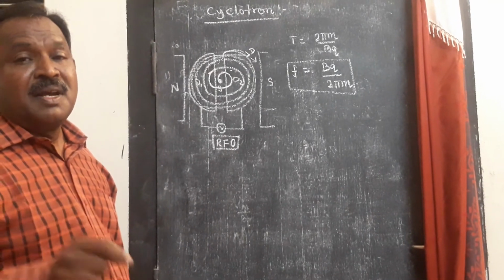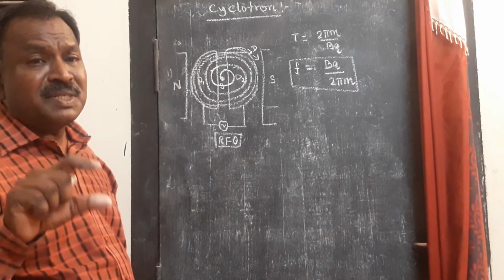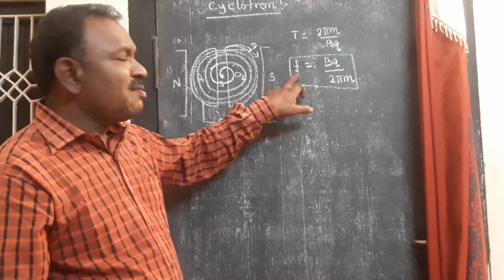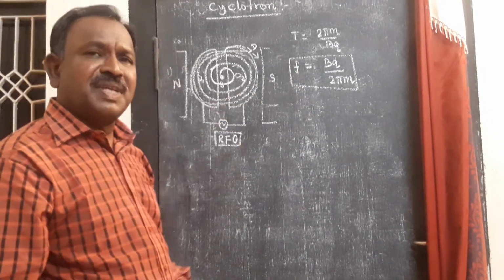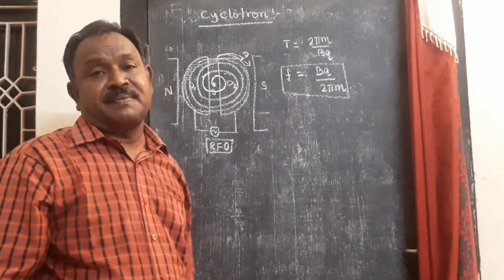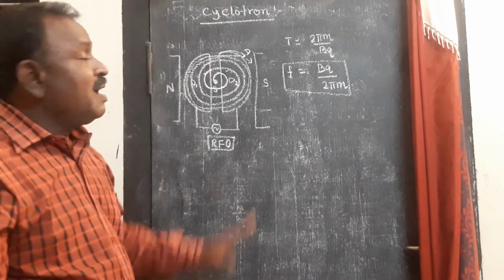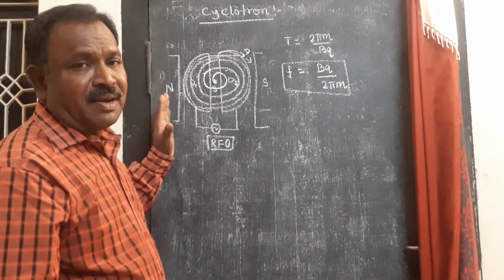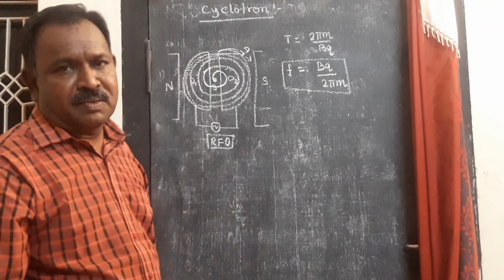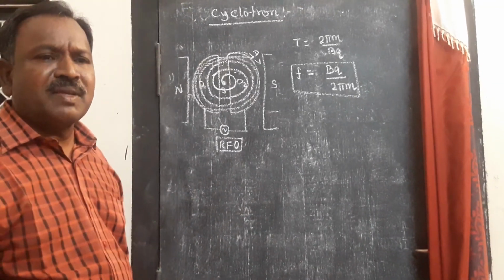That is, the mass of the electron varies with velocity. Due to this, the frequency changes. When the frequency changes, the resonance condition is not satisfied. So electrons cannot be accelerated using a cyclotron. These are the drawbacks of the cyclotron.